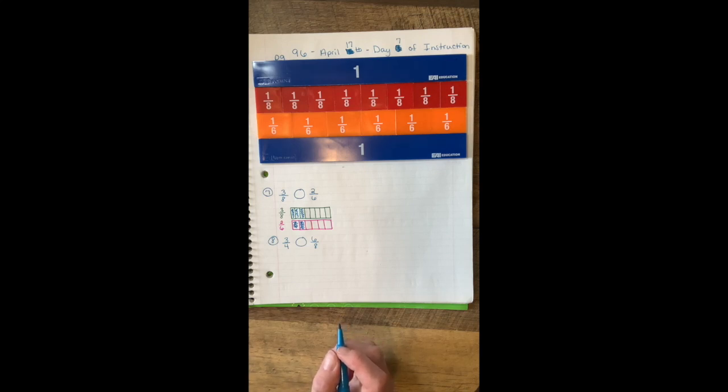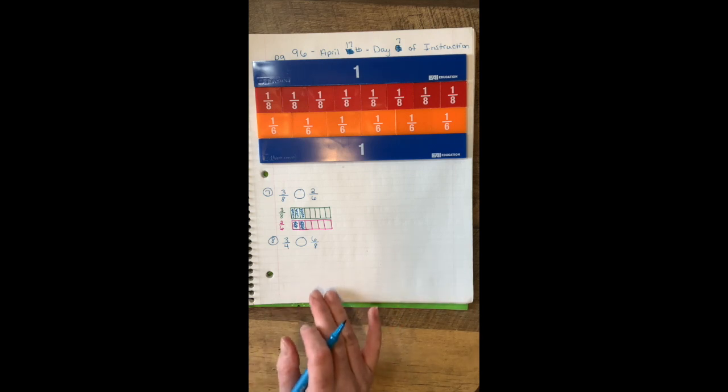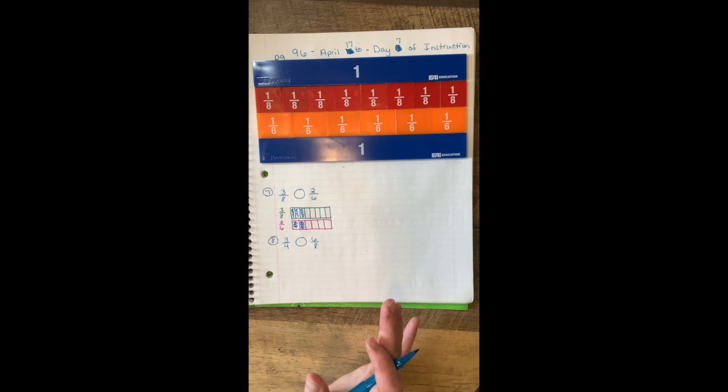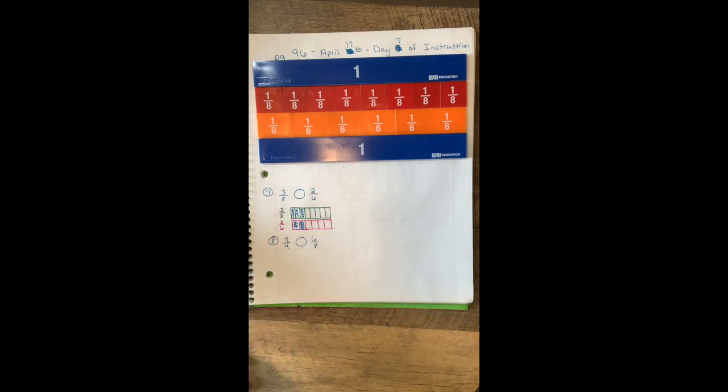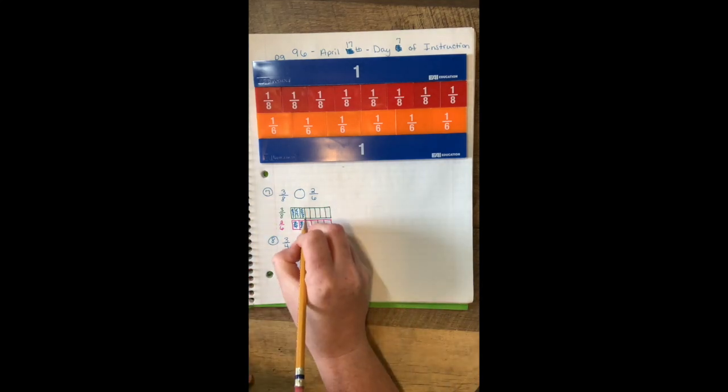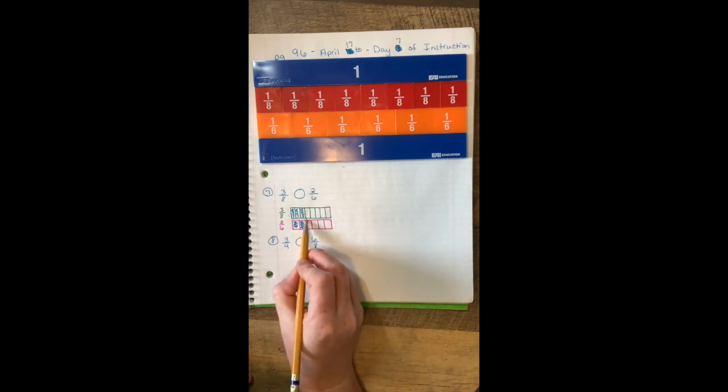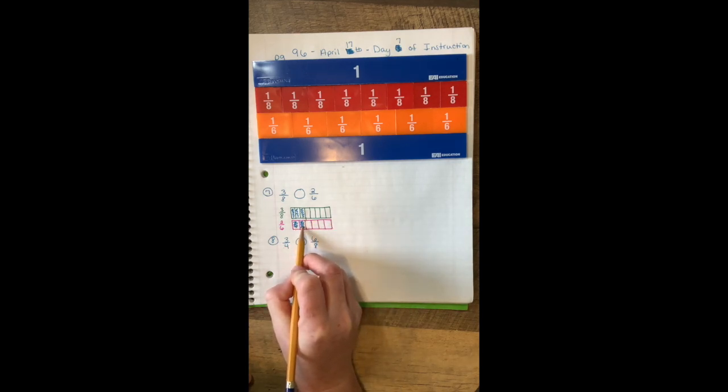Now this is a time where you might run into a little bit of a, did I make my sizes as accurate as I possibly could? Well, if I look really close, it looks like 3/8 is a little bit bigger than 2/6.